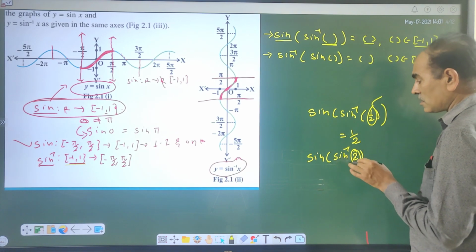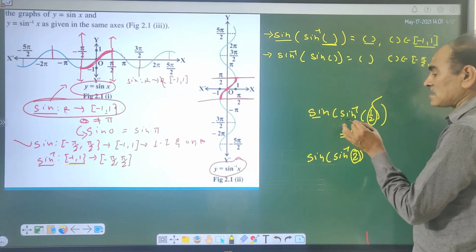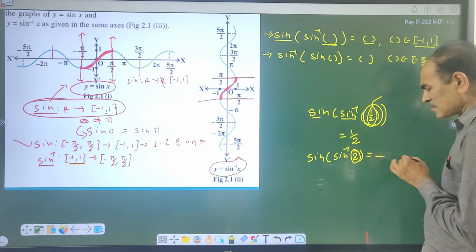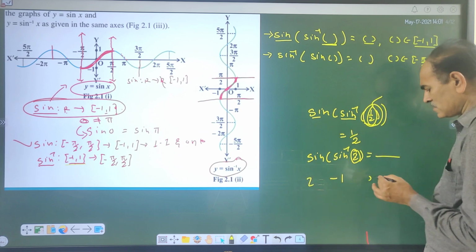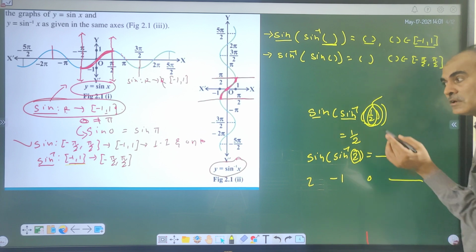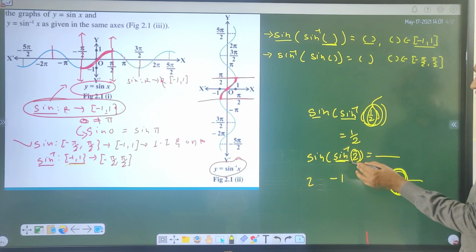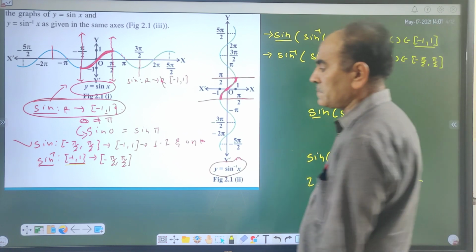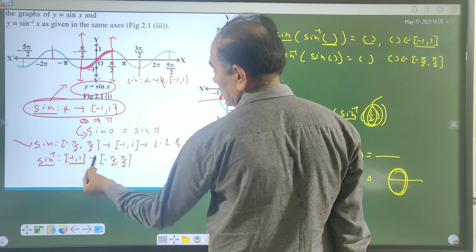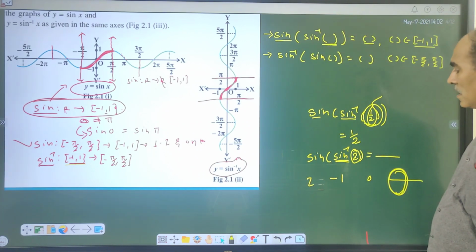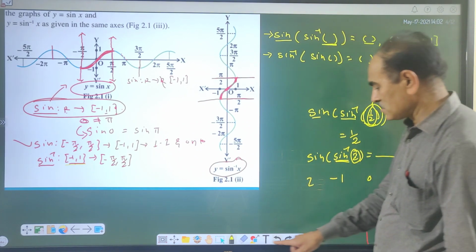But we can take root 3 by 2. If they are asking the value and giving 2, the answer does not exist. What is the option? Does not exist. Because sine inverse is a function from where to where? Closed interval minus 1 to 1 to the closed interval minus pi by 2 to pi by 2. Clear? So this is not the case.